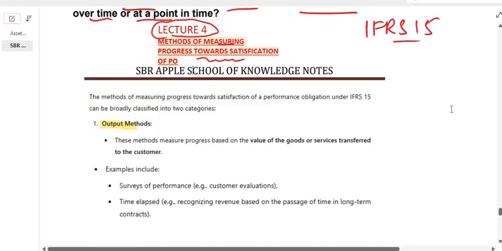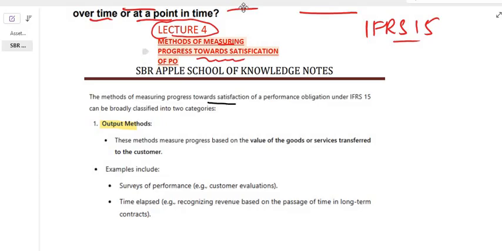You see here, the methods of measuring progress towards satisfaction of performance obligation, we have classified as two categories. The first one is output method, and in this method the progress is based on the value of goods and services transferred to the customer.